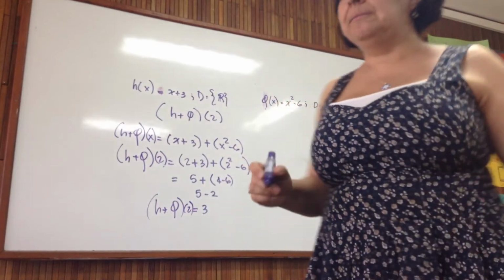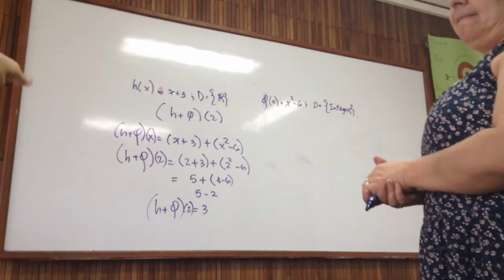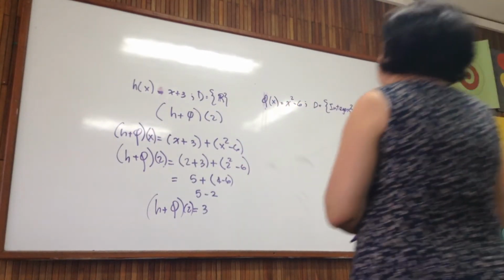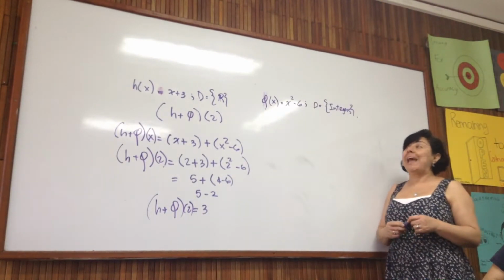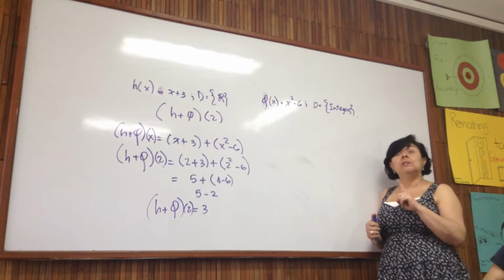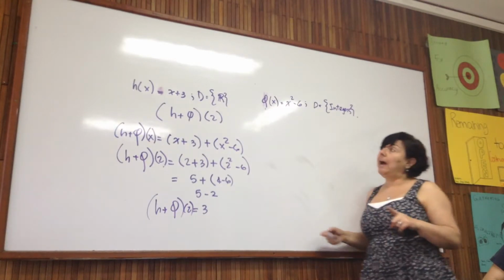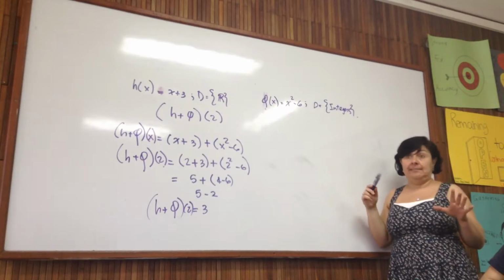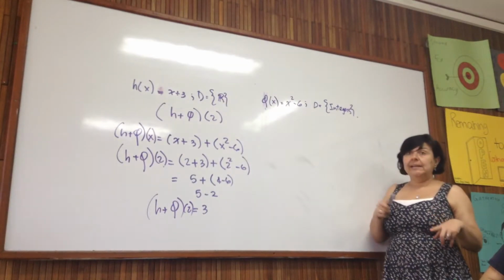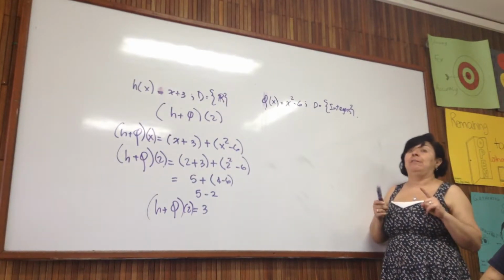What would the domain for h plus g of 5 be? The domain would have to be the smallest one of the two domains that you have. Out of the reals, they're both infinite, correct? But which one has more restriction?